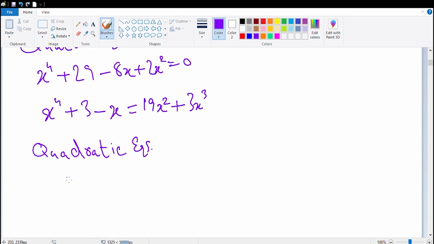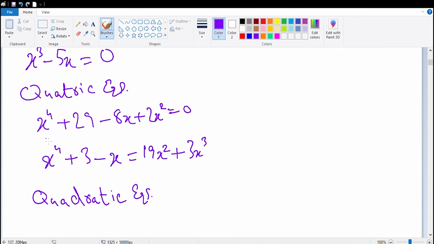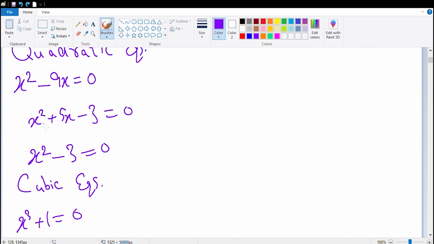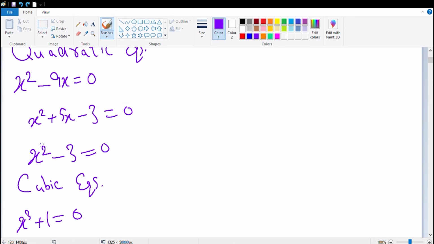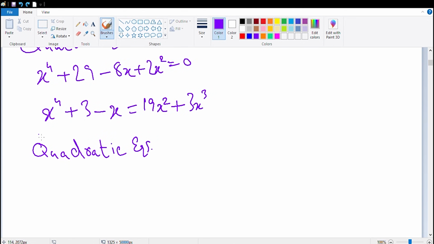Okay, so it makes a bit of sense, I think, that cubic equations are called that way because cube, and linear also makes sense, so does quadratic because quad. But why are these called quadratic? Why not squared or something like that?